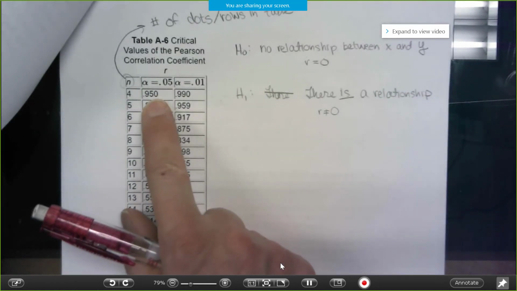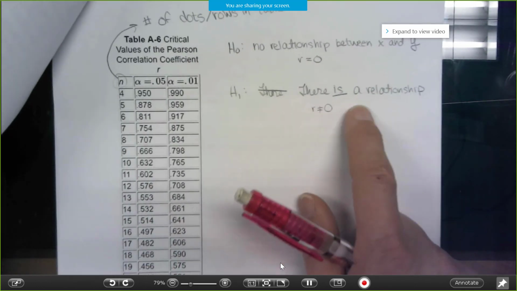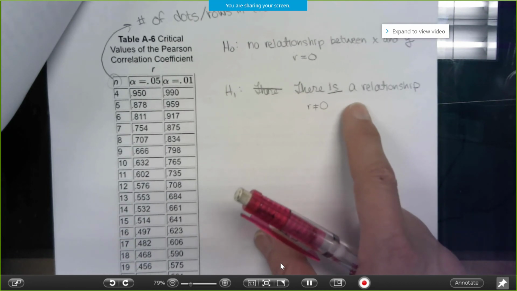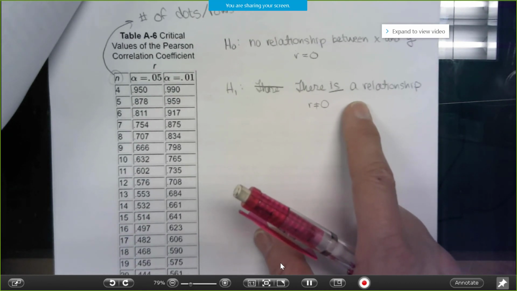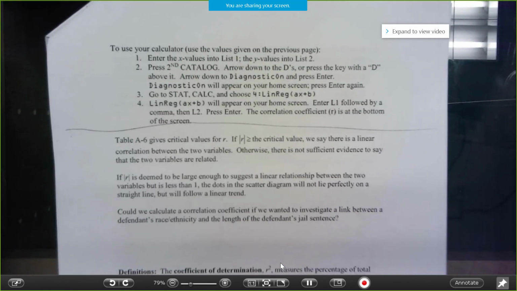And this is saying R has to be at least this big to give sufficient evidence for the alternative. Okay, so we'll see more of that on Wednesday.